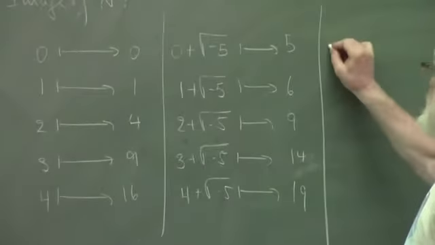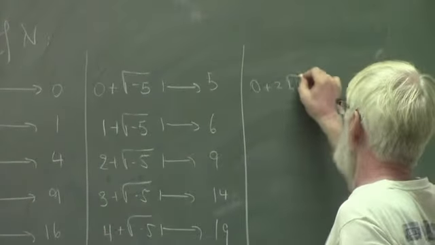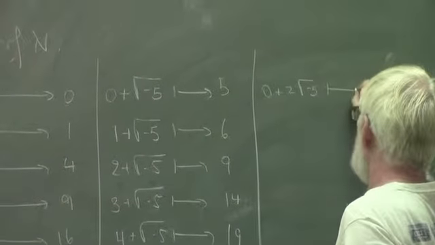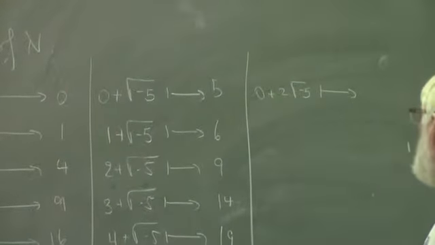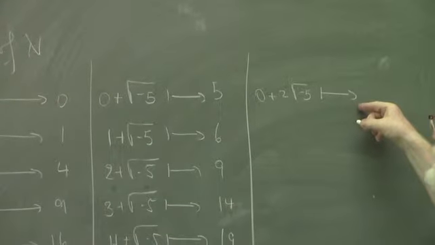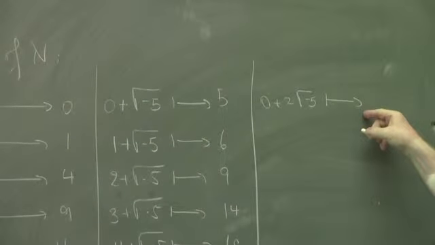If you took 0 plus 2 times square root of negative 5, this goes to 5 times 4? 20, right? Yeah.